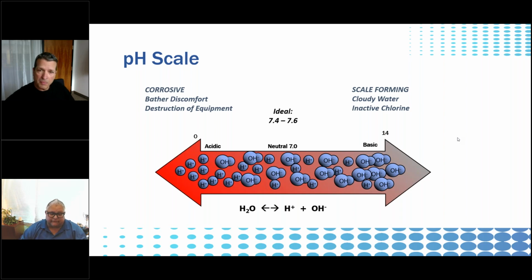So it's important for comfort, but it's also extraordinarily important, like I said, on how well your chlorine is able to work. So as your pH goes high, which is what happens in saltwater pools, chlorine gets less and less effective as it goes. We need it to be hypochlorous acid in order to kill and sanitize and do all the work we need it to do.